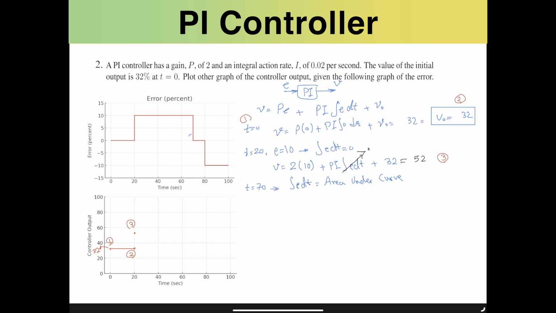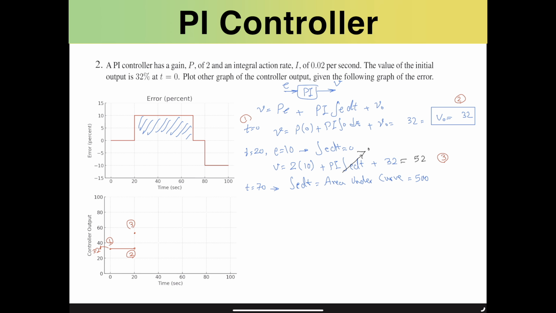In this case, we just need to find out what this area under this error curve is. We know that the width of this is going to be from 20 all the way to 70, which is 50. So this width of 50 multiplied by this 10 essentially is going to be 500. So the area under this curve is going to be 500.